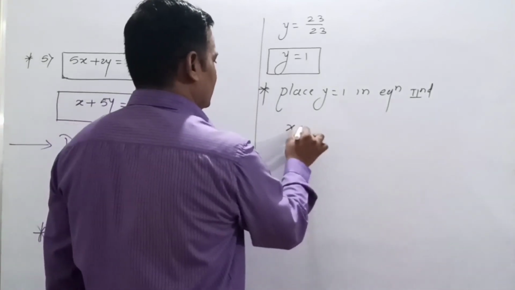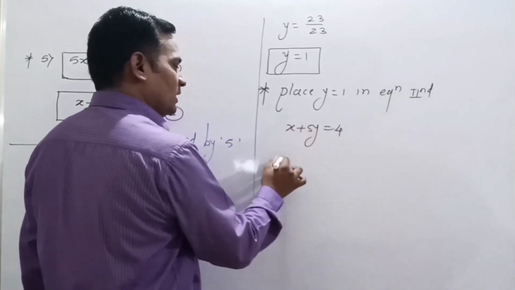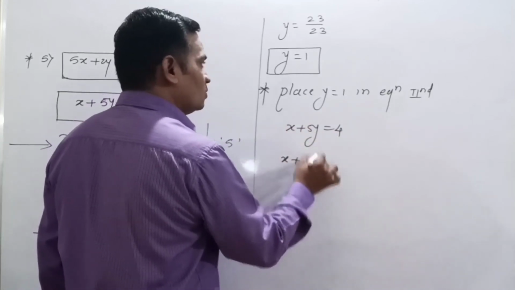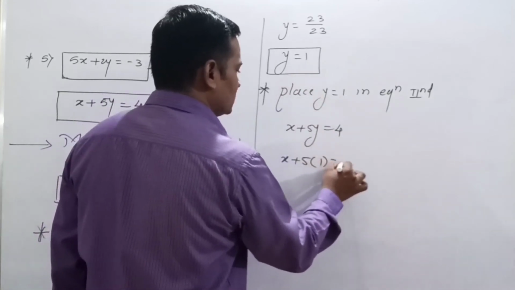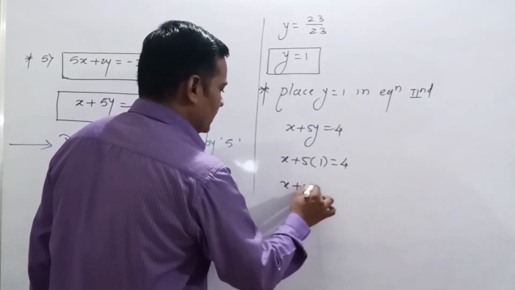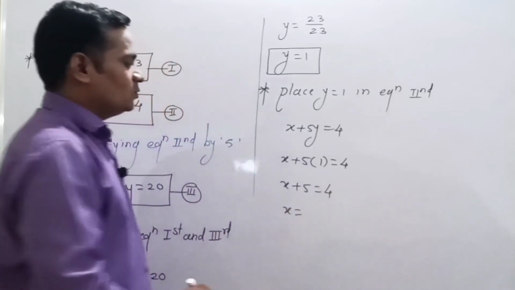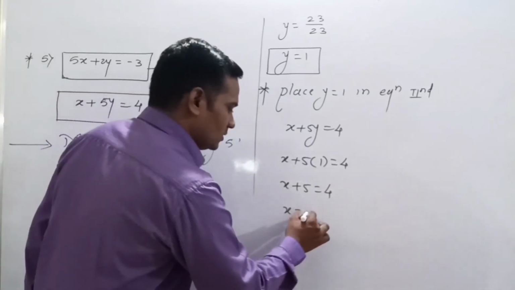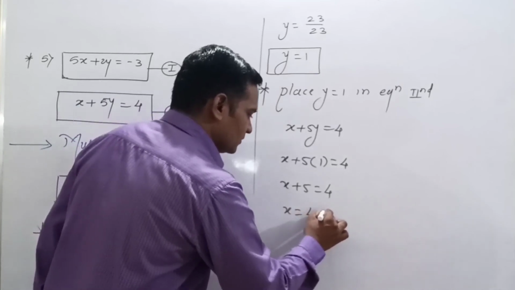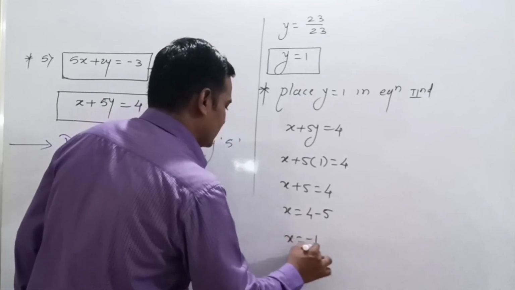So x plus 5y is equal to 4. So x as it is, 5 into y, that means again 1, is equal to 4. So that is x plus 5 is equal to 4. Therefore transfer that 5 to the RHS. So x is equal to 4 minus 5. Plus will become minus. So x is equal to minus 1.